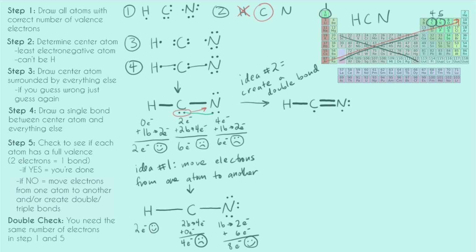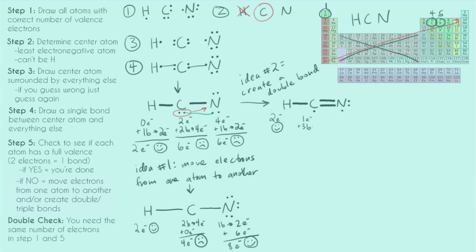So now I'm going to go back to step 5 and see, does everything have its full valence shell? For hydrogen, I can see it's remained the same, right? It has 0 electrons, it has 1 bond, which means that it has 2 electrons, and it's happy. And now carbon, now it has 1 electron, and it has 3 bonds.